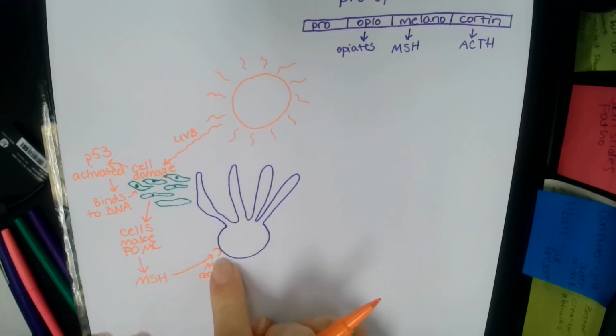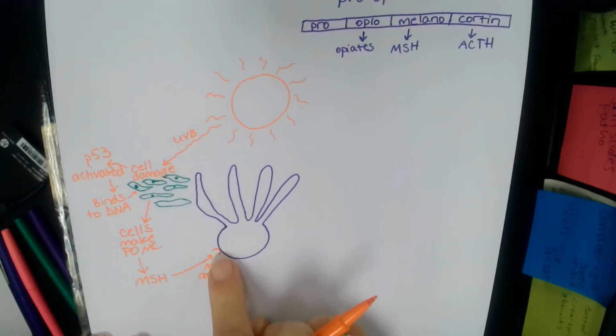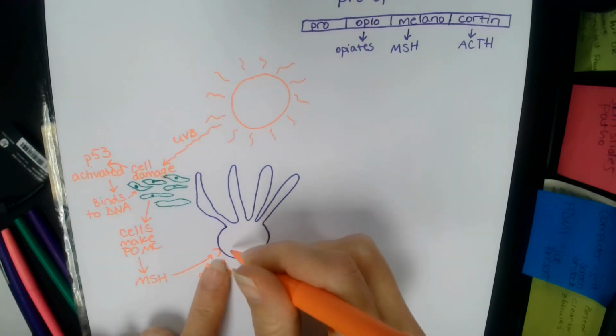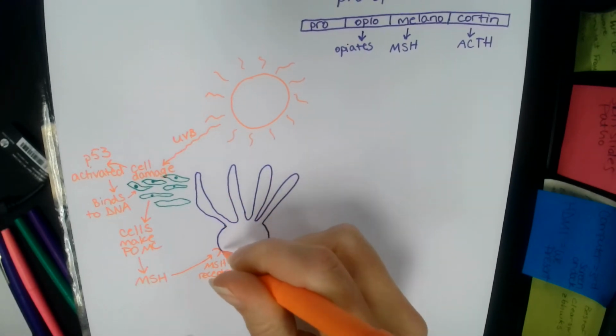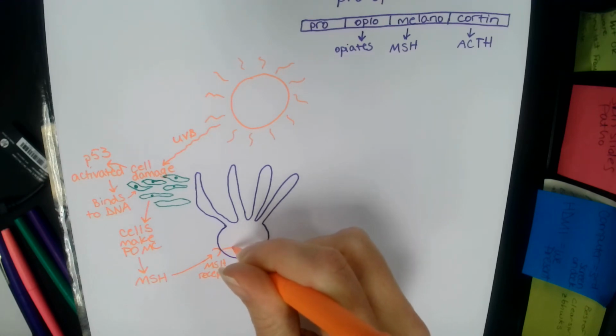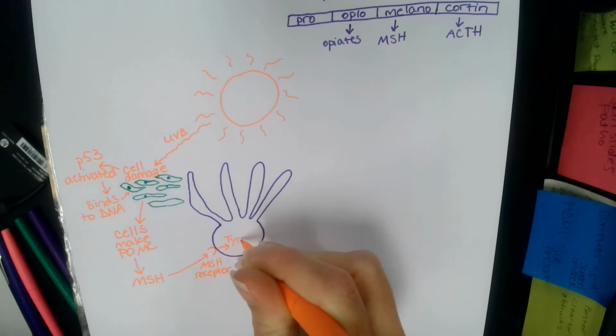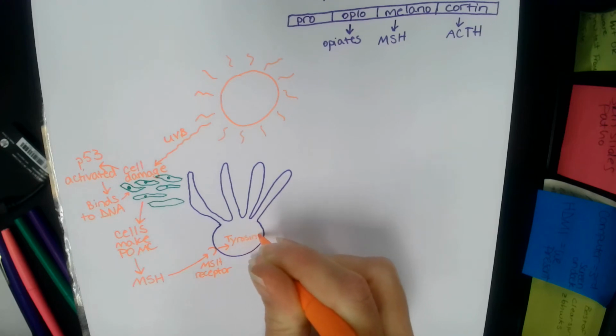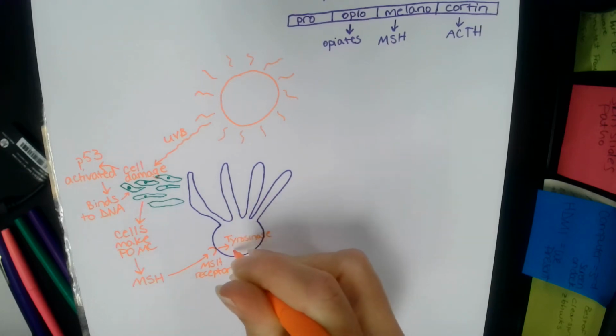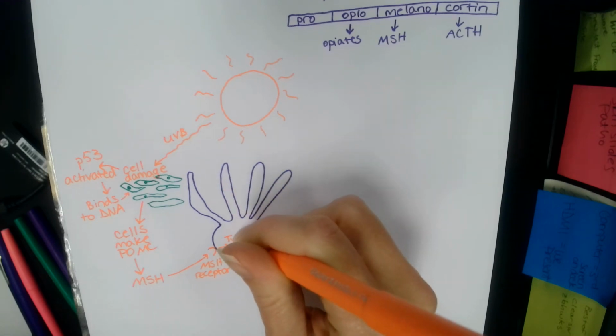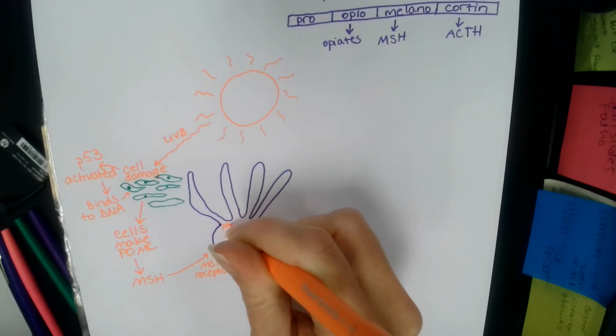So the events that get activated, this MSH receptor activates, and it causes a chain of events inside the melanocyte. So one of the things that happens is an enzyme on the inside gets activated called tyrosinase. Tyrosinase is activated, and it begins to make melanin.